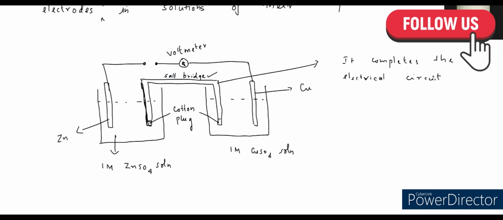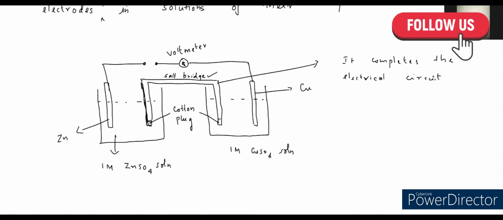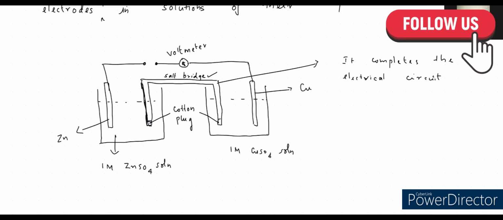Agar-agar dissolved in hot water gives us a gel-like substance. And in that we are taking KCl solution. What we need is the K plus and Cl minus ions. So that is regarding the salt bridge.